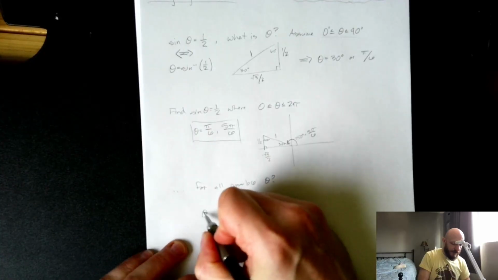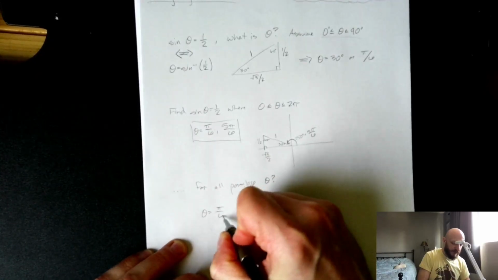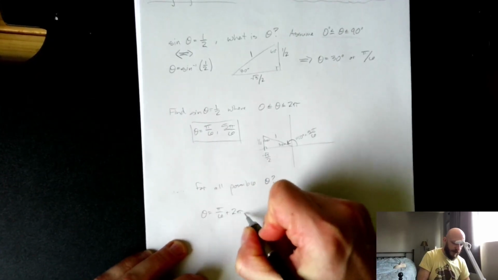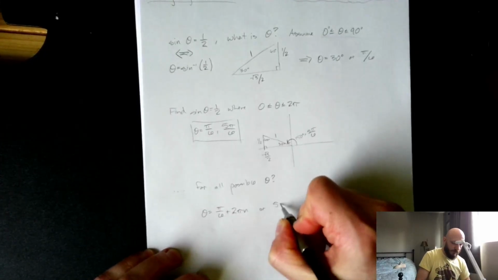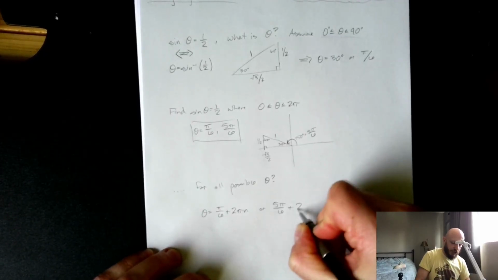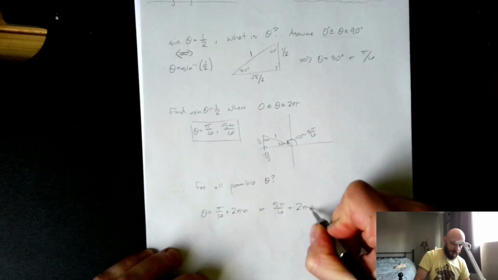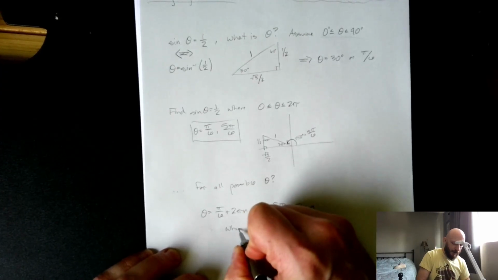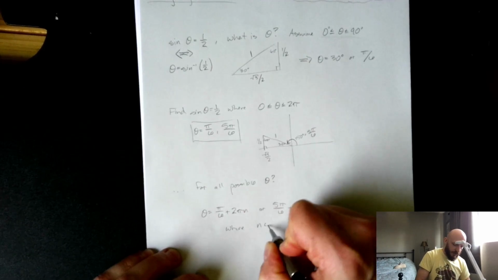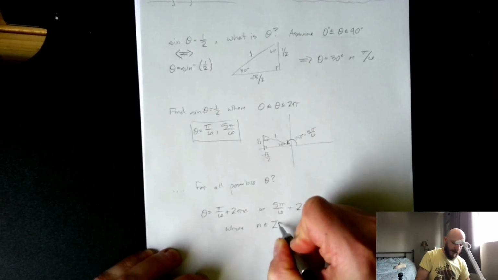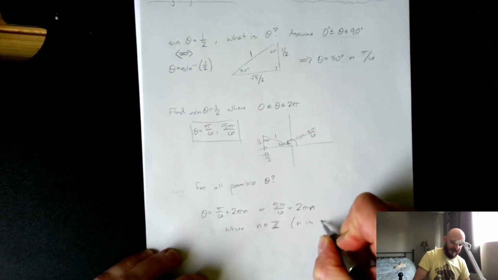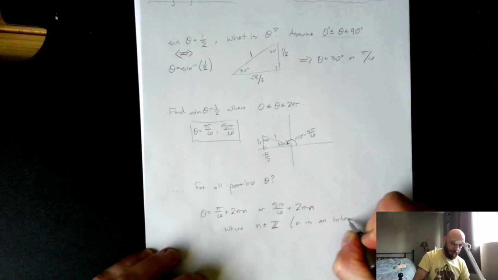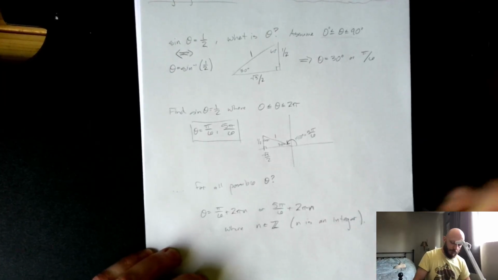So now it would be theta equals pi over 6 plus 2 pi n, or 5 pi over 6 plus 2 pi n, where n is an integer, which is the more mathy notation.